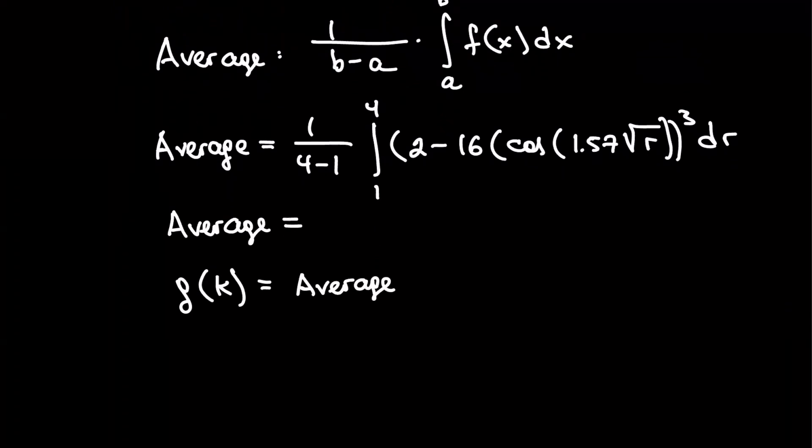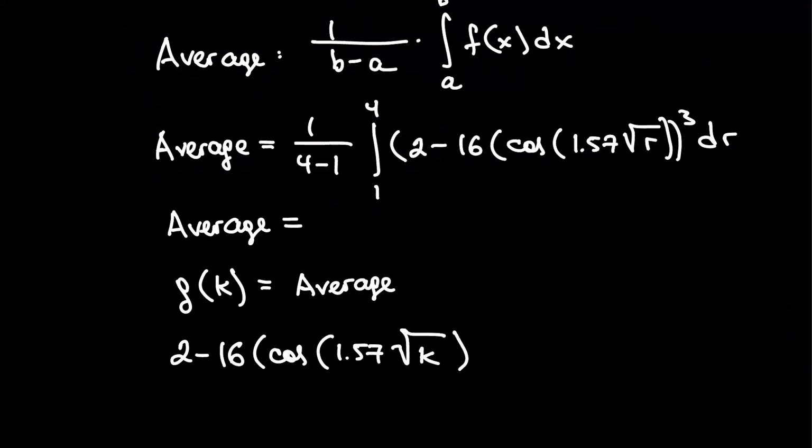So G of k is 2 minus 16 cosine of 1.57 square root of k, cubed, and then we subtract the average that we will calculate. And we find such k that this is true. And that will be our answer. So let's pull out our calculators and calculate first the average and then k, which corresponds to this second equation.